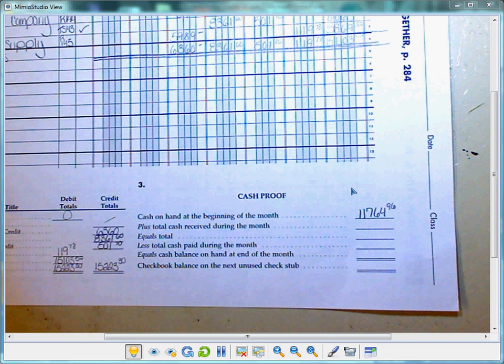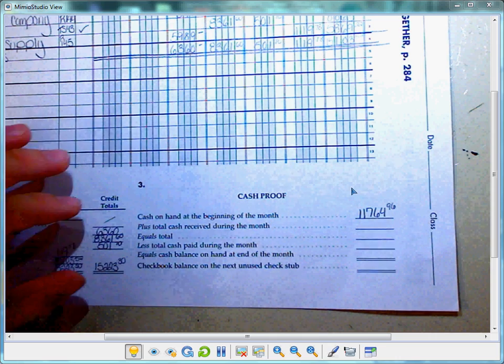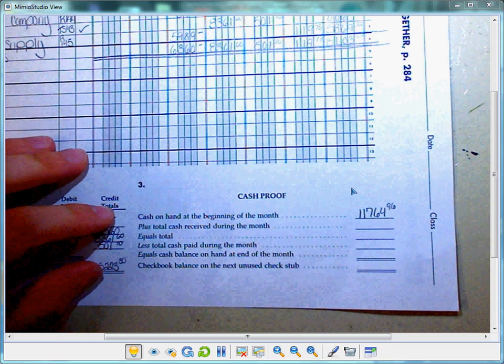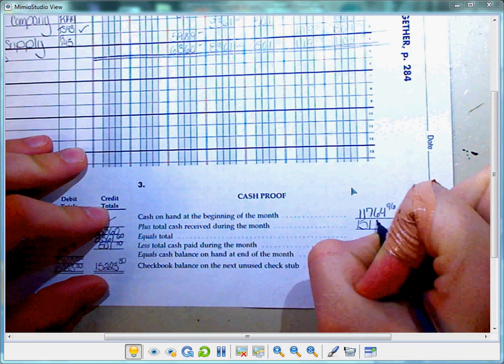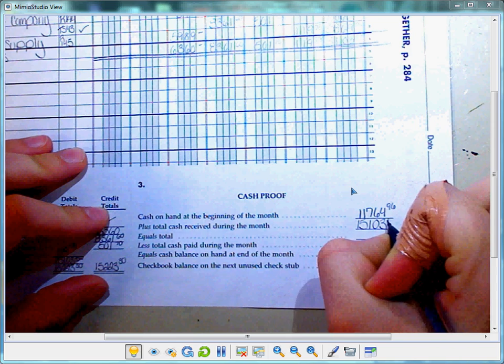So cash on hand, beginning of the month, that's coming from the book where they told us we had $11,764.96. Then we're going to add our cash received during the month. So that's our cash debit from right above, $15,103.52.